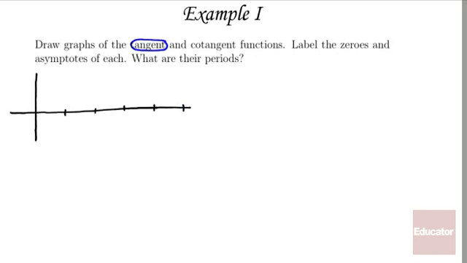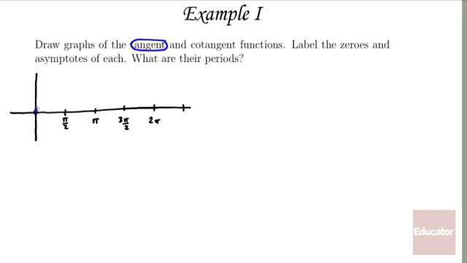Okay, for the tangent function, I know that the tangent of 0 is 0, so I'm going to put a dot at 0. Let me mark my axes a bit. Pi over 2, pi, 3 pi over 2, 2 pi. Tangent starts out at 0.